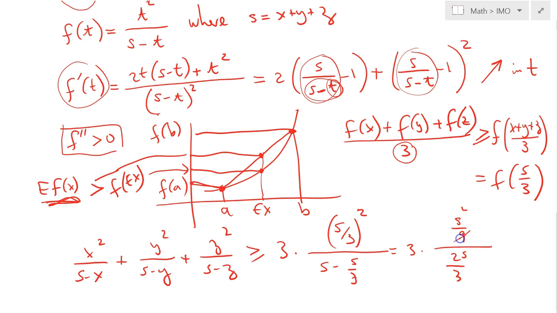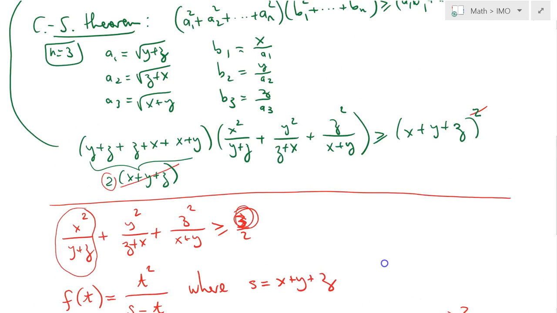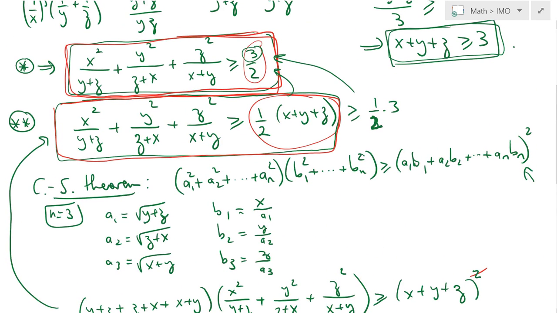The 9 and the 3's cancel out, and the square and the s cancel out. So is that s over 2 here? Right, so I just got s over 2, which is actually even better. Yeah, the stronger form.